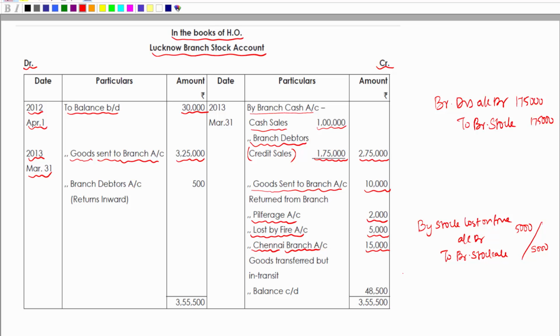Okay, so instead of saying goods sent to branch or goods returned to HO, we are saying we are debiting Chennai branch 15,000. But here we have to indicate or mention that goods transferred, but it is still in transit. Now when these goods are transferred, we have to understand this is at invoice price. So there is a profit element that has to be, that loading has to be removed.